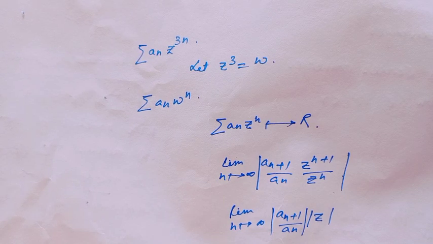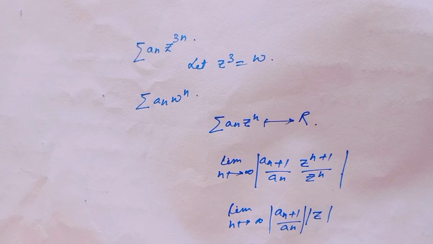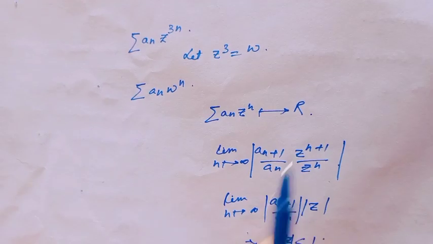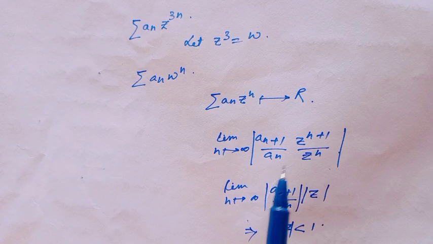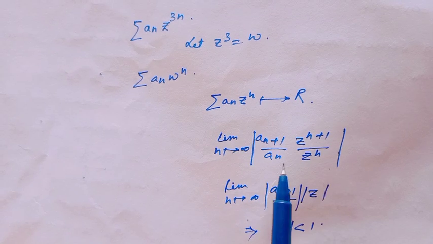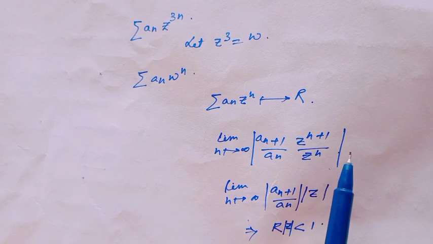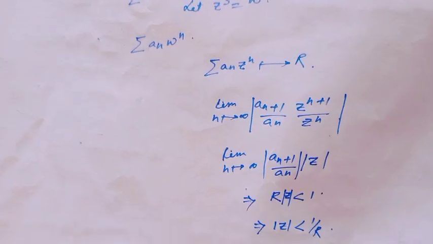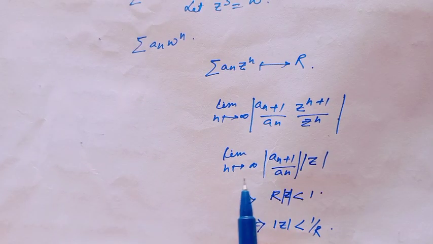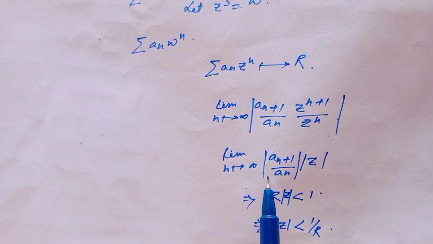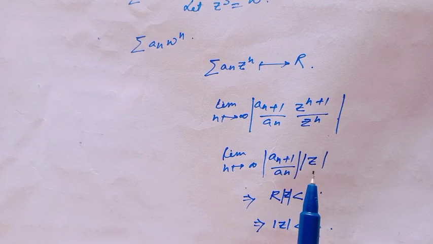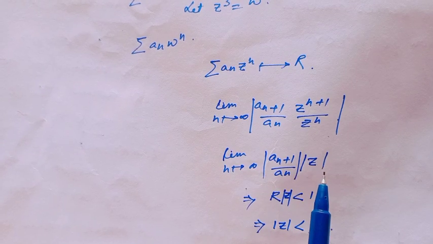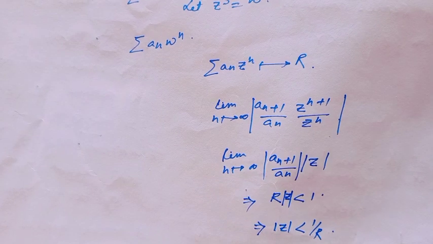And given in the question, the power series a n z to the power n has a radius of convergence r. That means limit n tends to infinity absolute value of a n plus 1 z to the power n plus 1 over a n z n. This implies limit n tends to infinity absolute value of a n plus 1 over a n times absolute value of z.